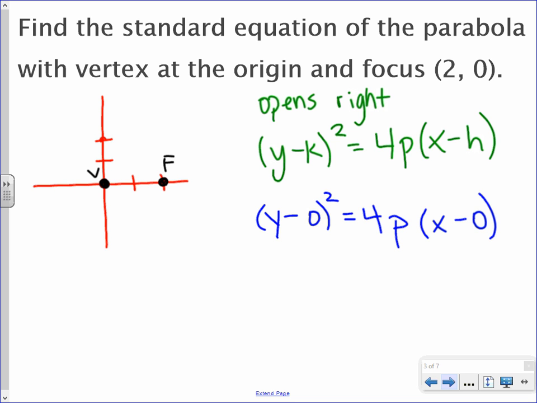Then we have that 4p. Hannah, do we know what the value of p is? And how do you know that it is 2? Okay, the focus is 2 away from the vertex. Also, we know it's opening right, so that p better be a positive number.